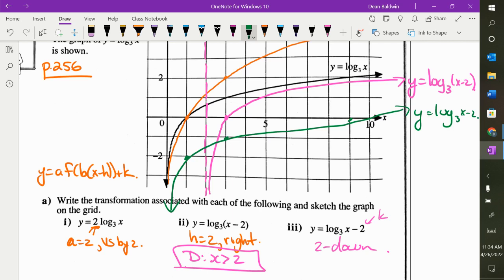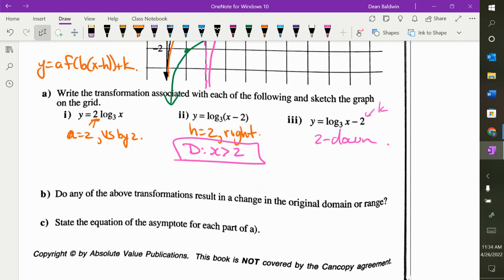Did it change the domain? The only thing that'll change the domain on a log graph is the h value.